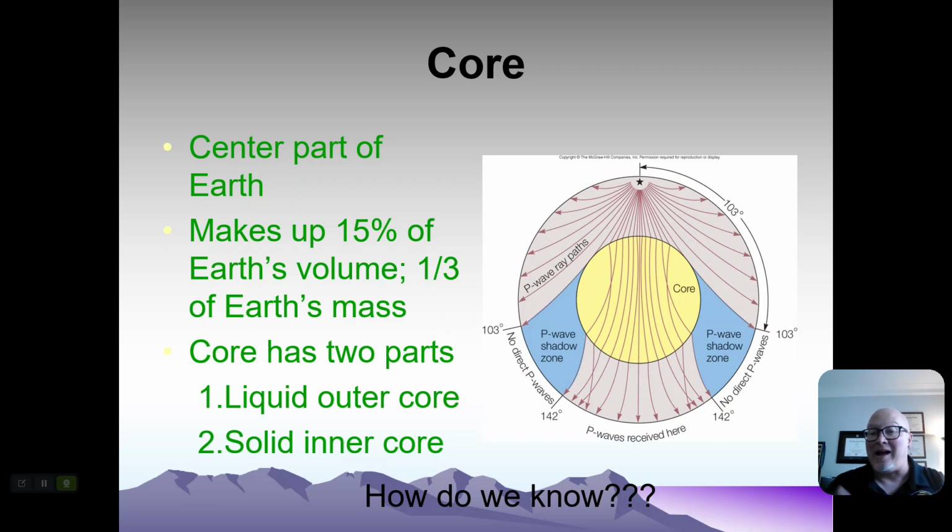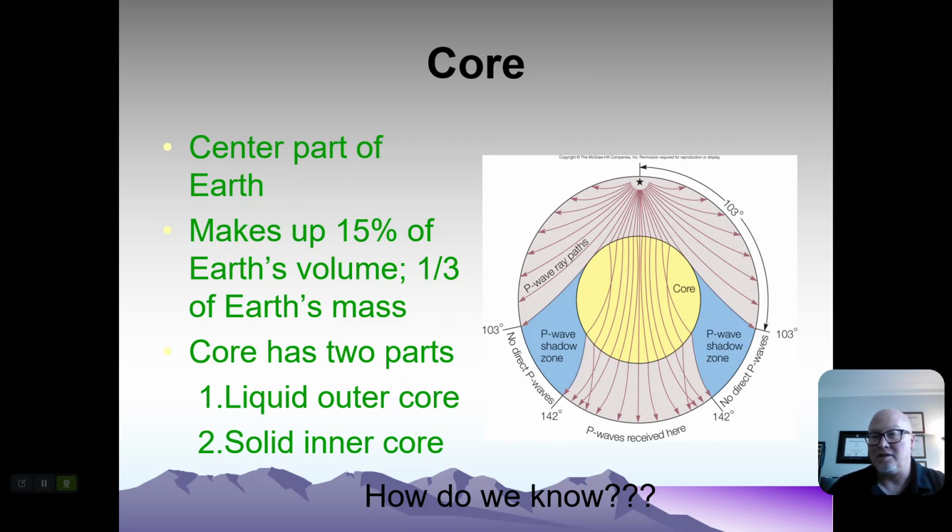And we can map out, as if you put the Earth in a big sonogram, the densities of the materials going through the Earth. And so we know that there is a liquid part of the core as a result of that.